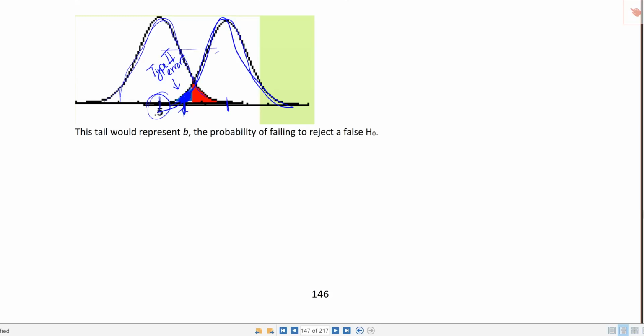Now, if our null hypothesis is true, and we got a value that's here, well, that is big enough and far enough away based on our alpha that we would reject the null hypothesis.